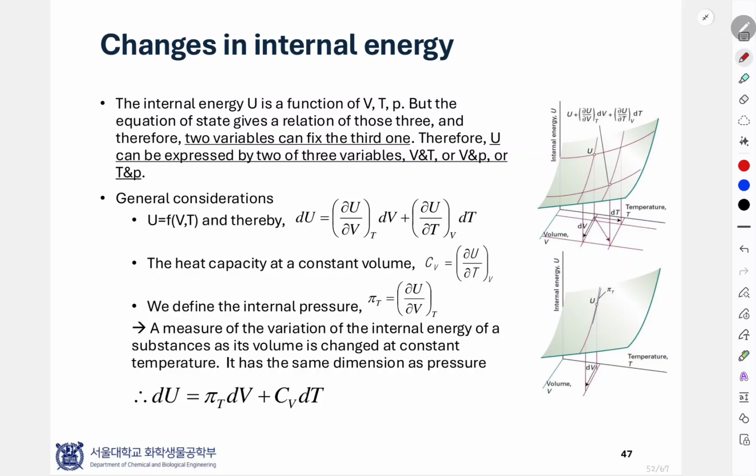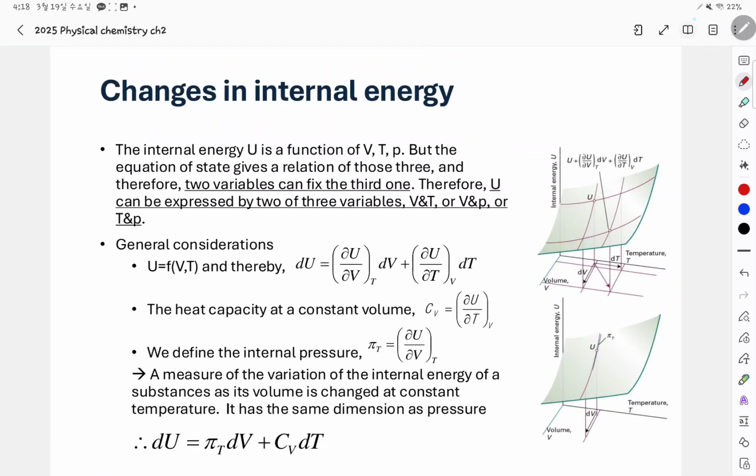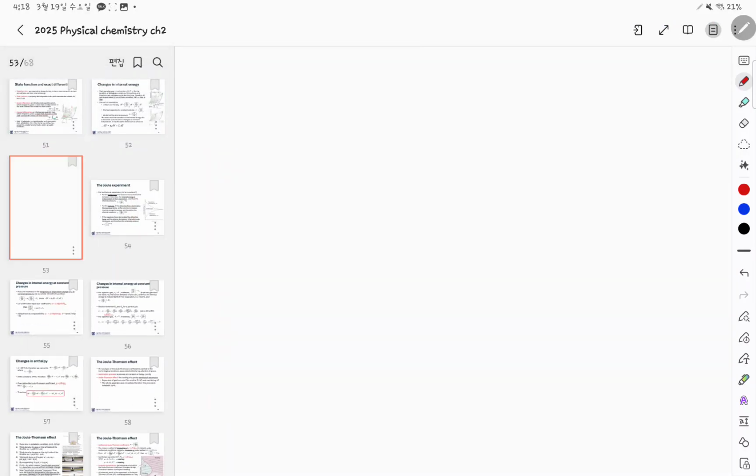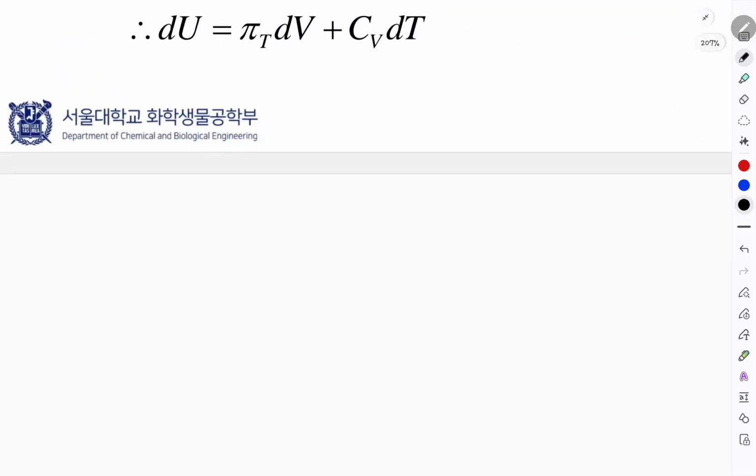So we can write here, the internal energy for the general case is a function of volume and temperature, and then for infinitesimal changes, we can write dU is del U del V at constant temperature dV plus del U del T dT.